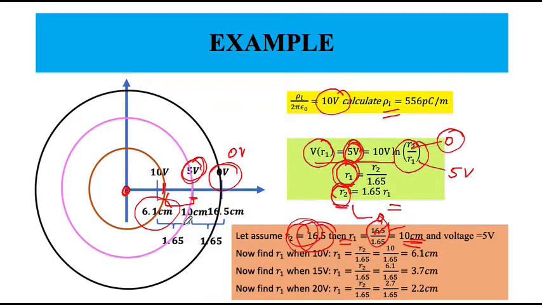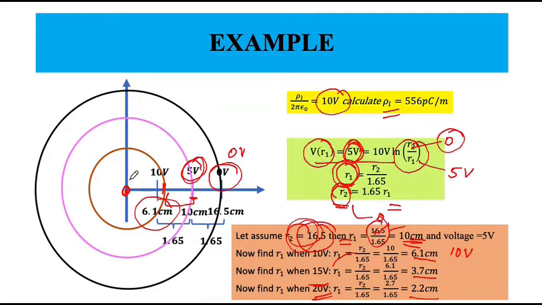If you continue doing this at different values, you are going to get different potentials. Here it's 5 volts, here it's 10 volts, then 15 volts, then 20 volts.